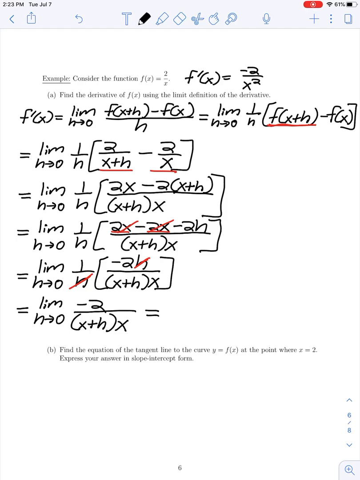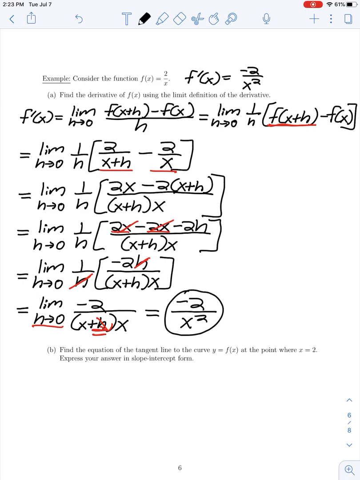So in my last step, I'm ready to take the limit as h approaches 0, and the only place that h appears is in this denominator. So as h approaches 0, this term disappears, and we are left with a numerator of negative 2, and then in my denominator, I have x times x, or x squared.